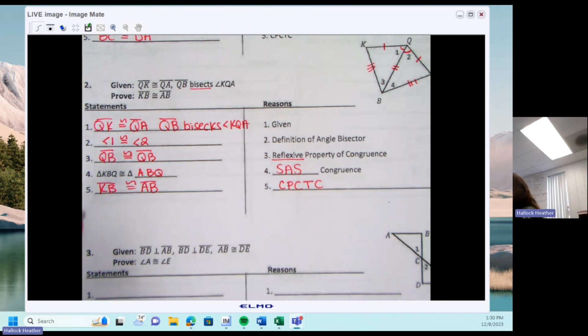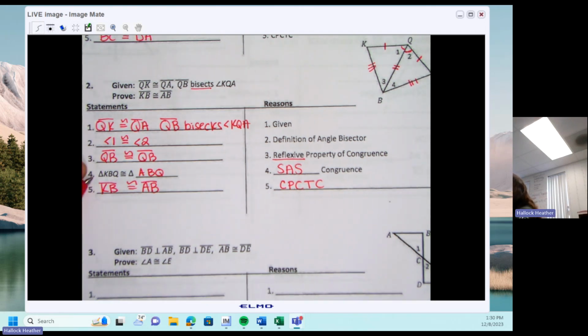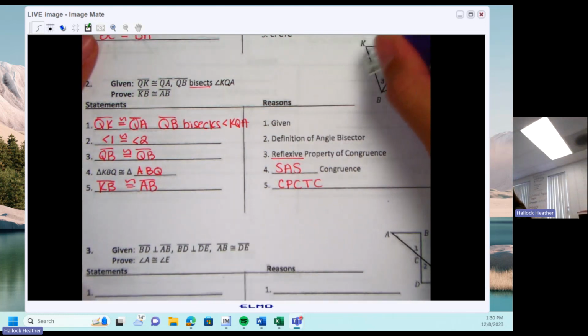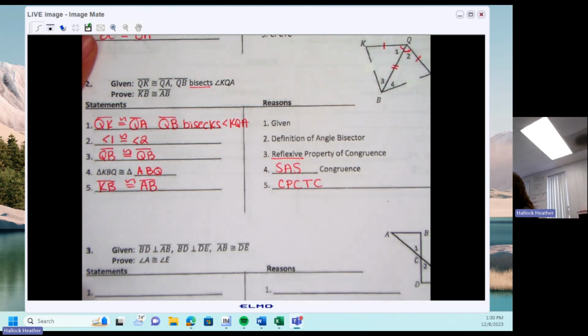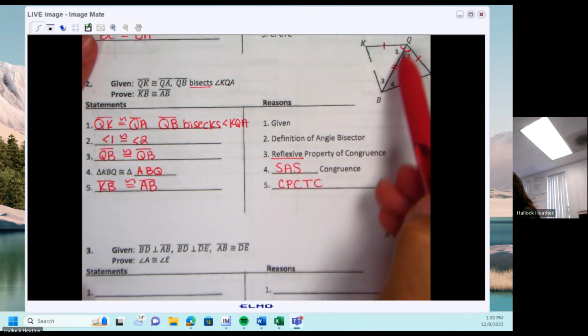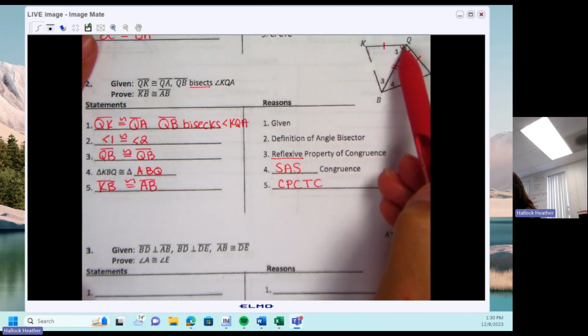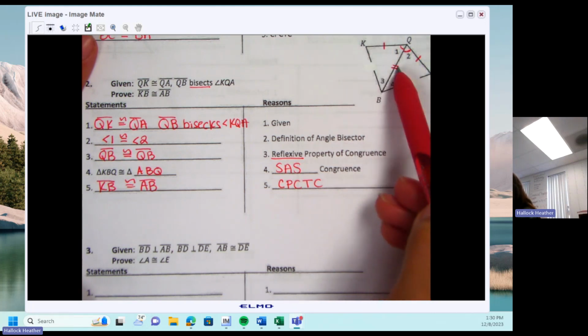Because we said KB is congruent to AB after the triangles are congruent, if I take off these sides that I just drew in, you don't have to erase this, I have to use side angle side. I can't jump across anything. So I can't say side-side-angle, because I can't cuss.